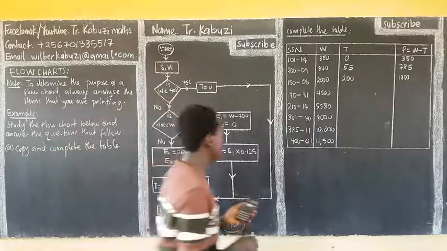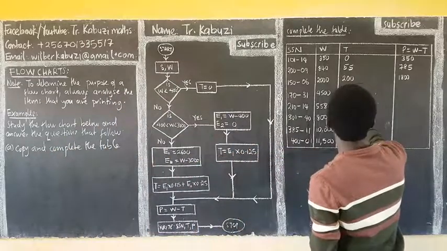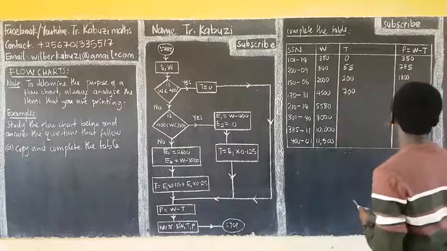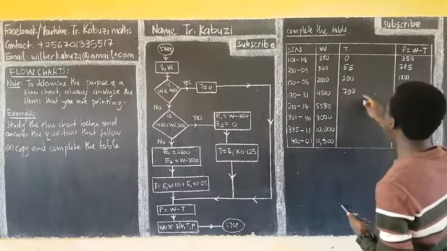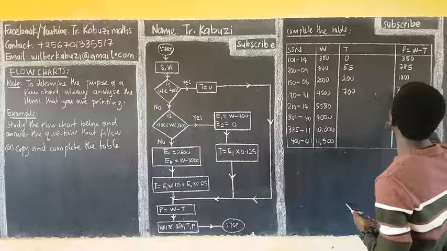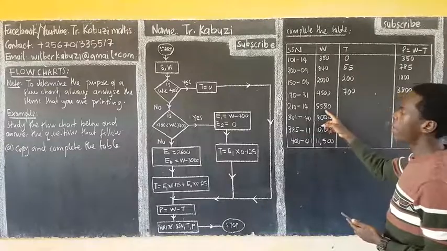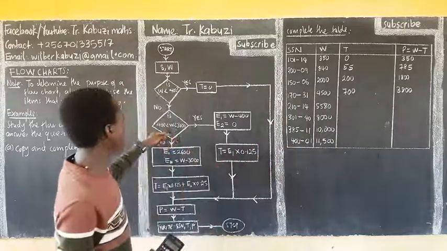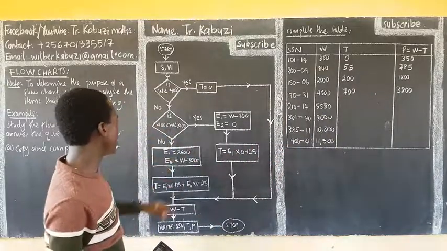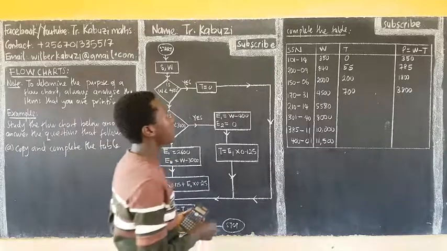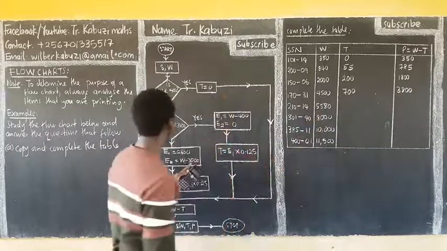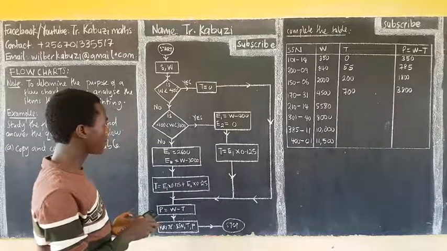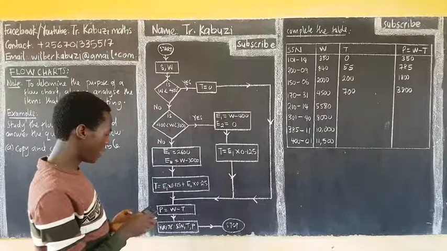The answer I'm getting there is 700. When I subtract it there, I will get 3800. Then do the same thing here. When you get this and subtract that, we shall get 2580.